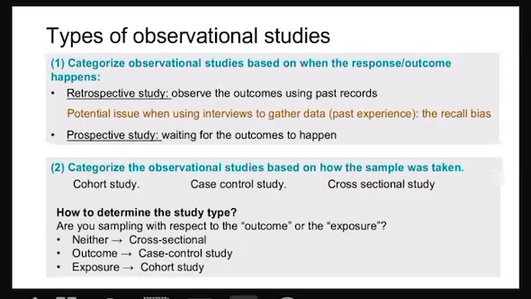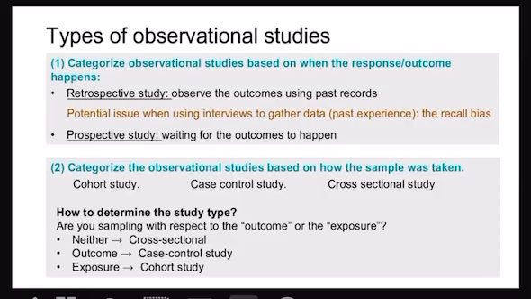That was why I said a potential issue with that, when using interview to gather data on past experience, is that there's possibility that we should have a recall bias, like the ability to recall by the respondents.